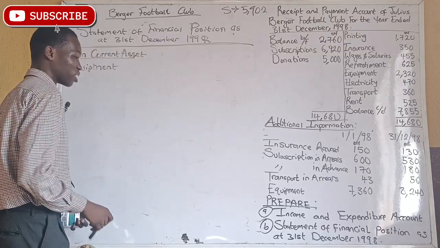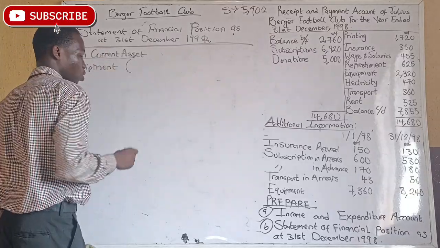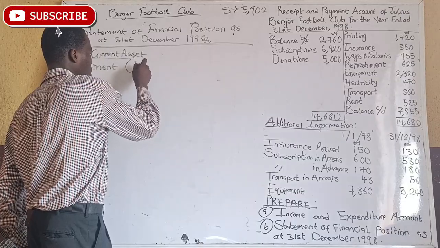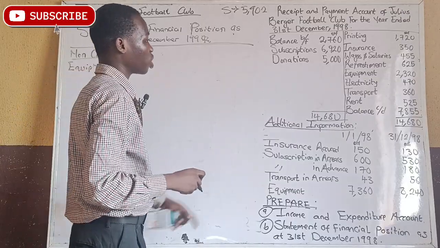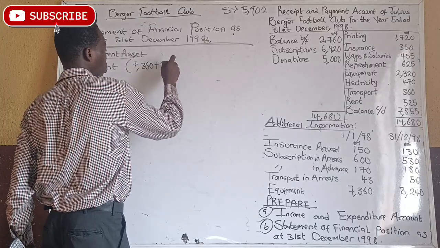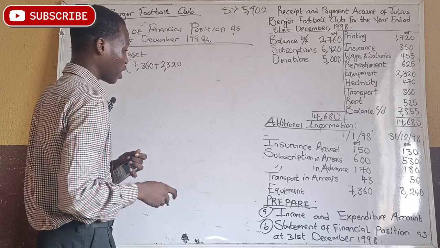And for the equipment, the computation of this is, we solved it the other time. At the beginning, we have 7,360. Then during the year, we bought some equipment worth 2,320. Then we made a depreciation.